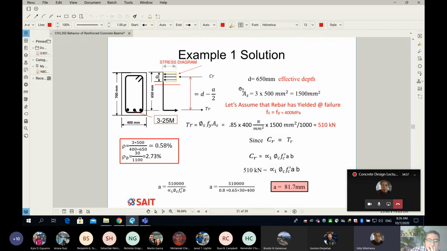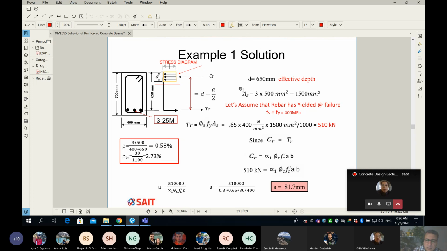Yes, f prime c, exactly. Thank you so much, Jelly. I will have to give you a couple of marks for that. So, guys, this dimension is equal to alpha 1, which is a modification factor to create the rectangular shape, multiplied by phi c, 0.65, multiplied by f prime c.